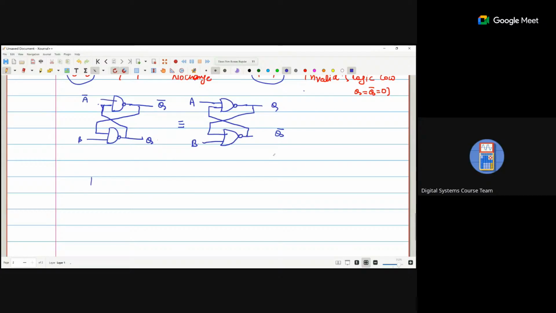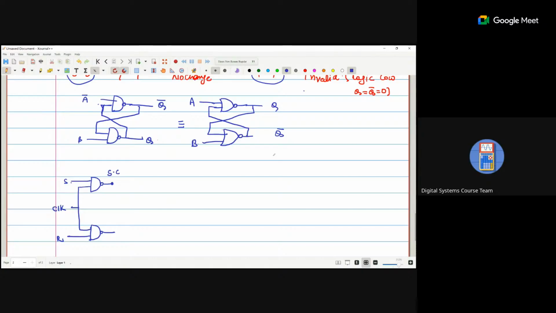So we implement the NAND gate with the clock. What is the output here?